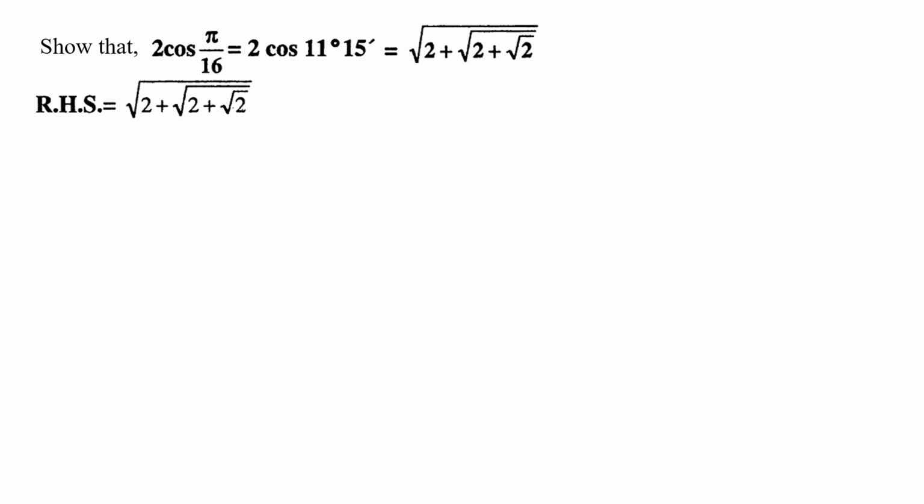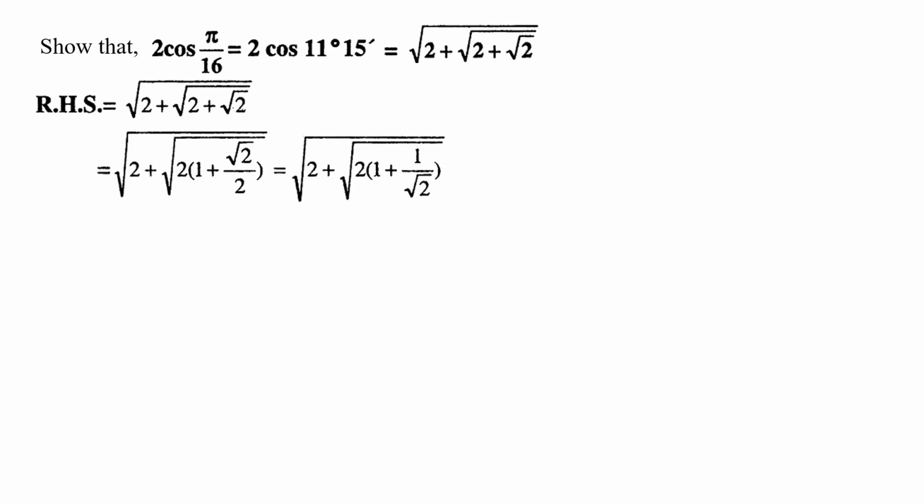Now right hand side, take 2 as common, we get 1 plus root 2 by 2. So lastly we get 1 by root 2, and 1 by root 2 means cos 45 degree.